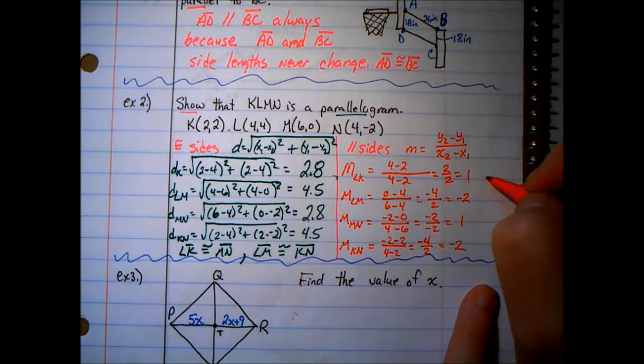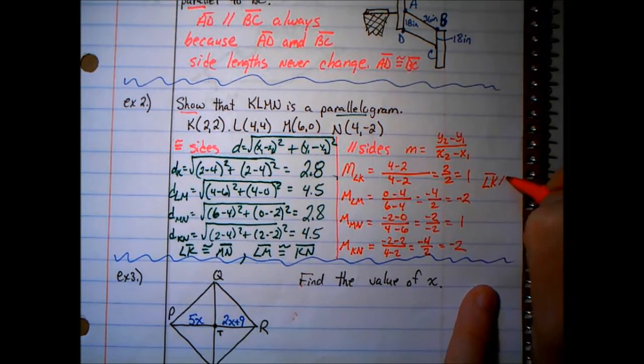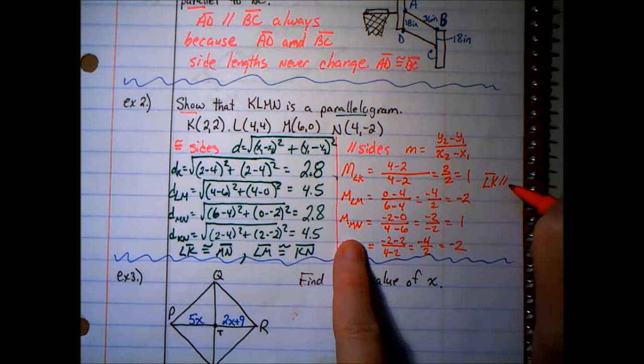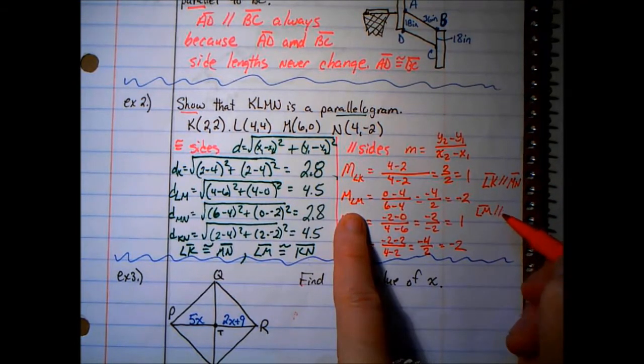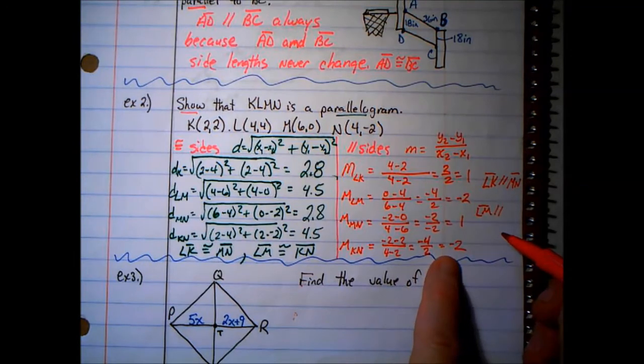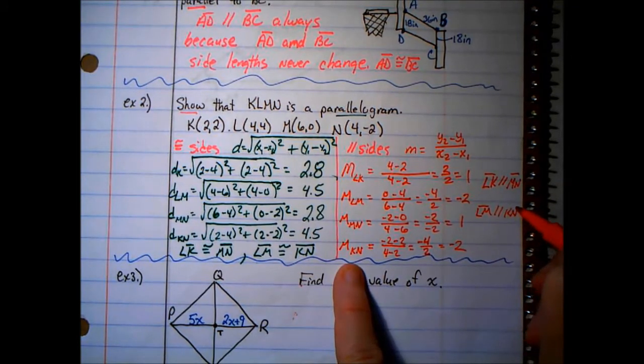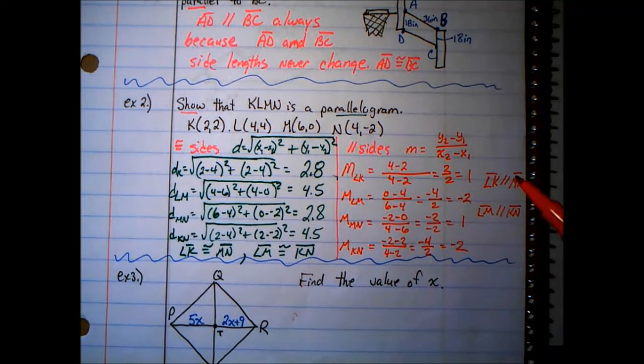That means that LK is parallel to the other one that has the same slope, which is MN. And then I can say that LM is parallel to the negative 2, that is KN. So since I have opposite sides being parallel, this shows that this is a parallelogram.